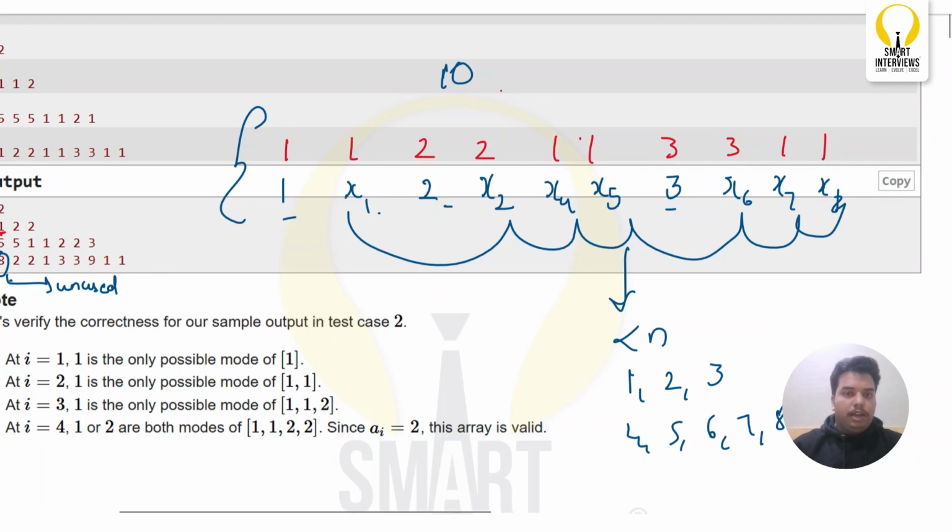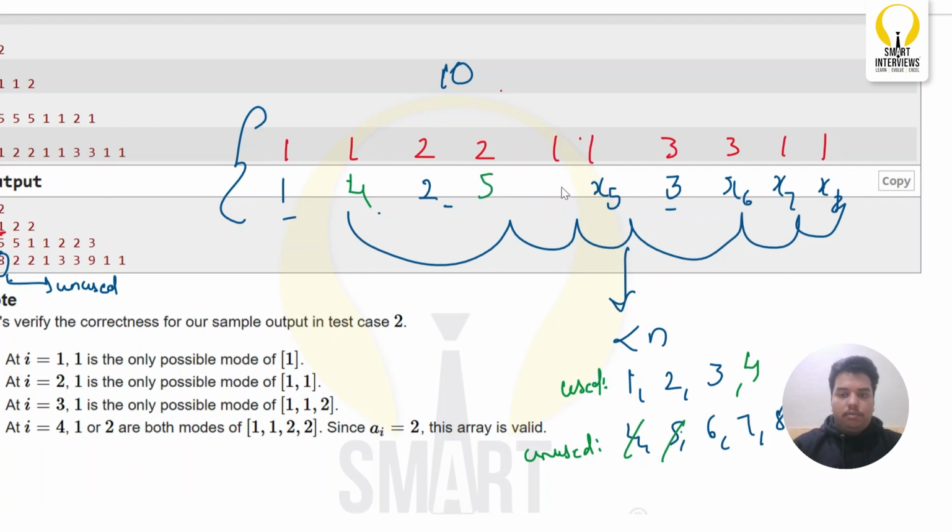So we can replace x1 with maybe 4. Now it is used. This was unused. x2 I can replace with, let's say, 5. x4 with 6. So add 5 here.